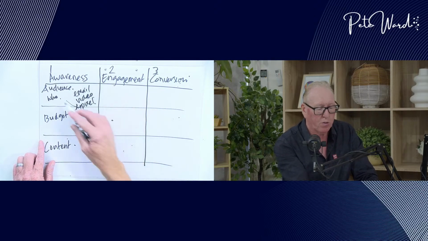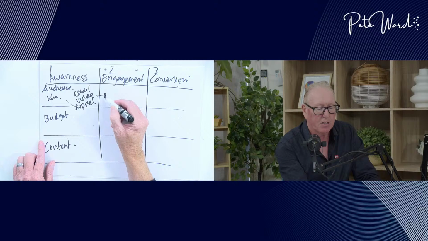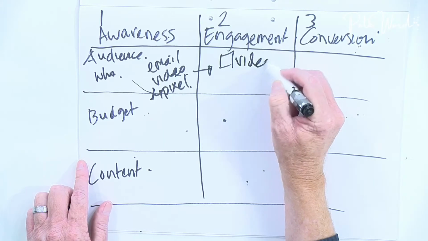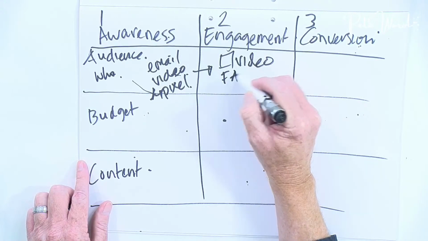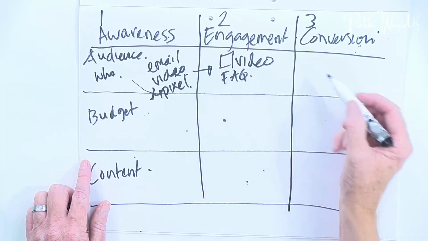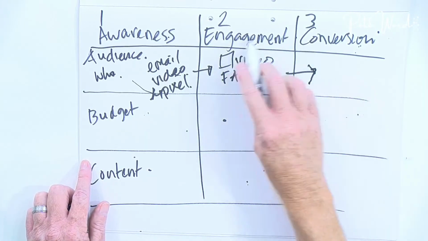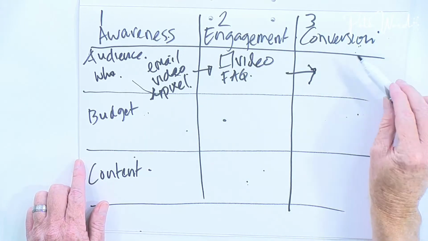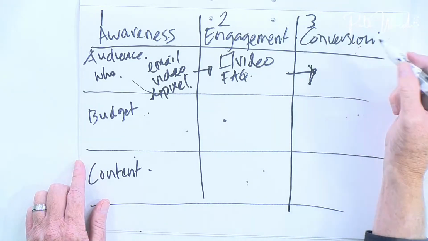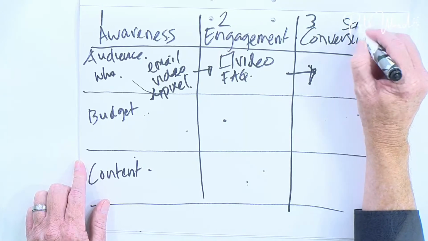And once you've got those audiences built there, you push them into here and you send them those videos, maybe on the FAQ or something like that. So that's that audience coming into here. And then, of course, coming across to conversion. In fact, it's easy to think about it in reverse. If you think, I need to make sales.